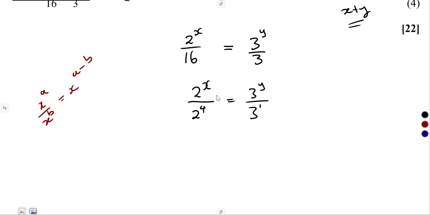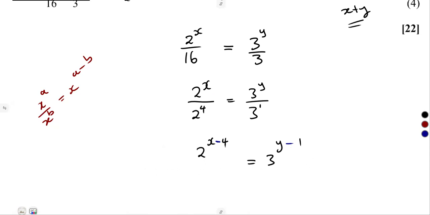So you're going to subtract our exponents. So that's 2 to the exponent of x minus 4, which is equal to 3 to the exponent of y, then we're going to subtract what? Subtract 1.